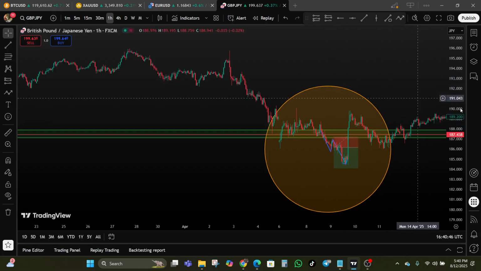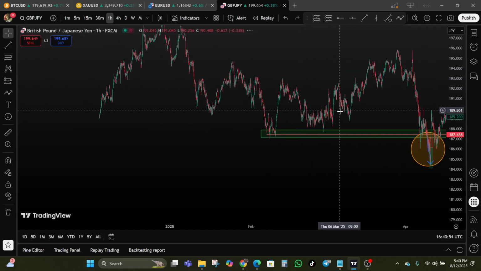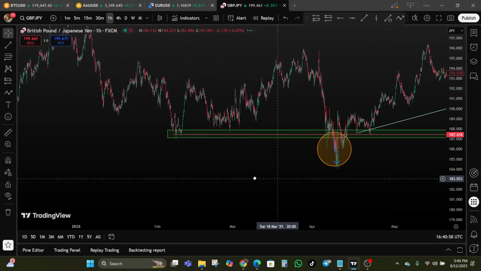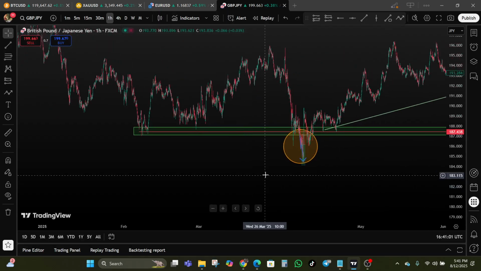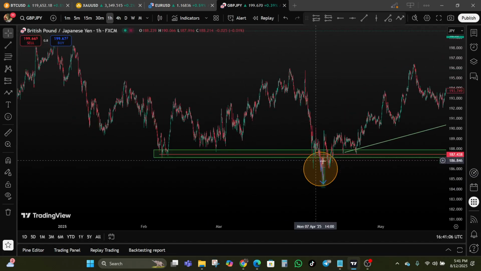Now, to master liquidity sweeps, you first need to identify liquidity pools. Okay, liquidity pools are areas on the chart where a large number of orders are likely sitting. These are usually found above significant swing highs or below swing lows.